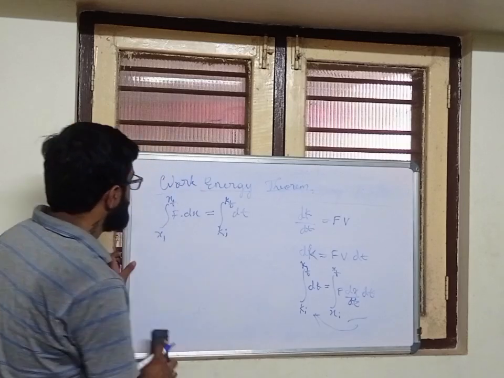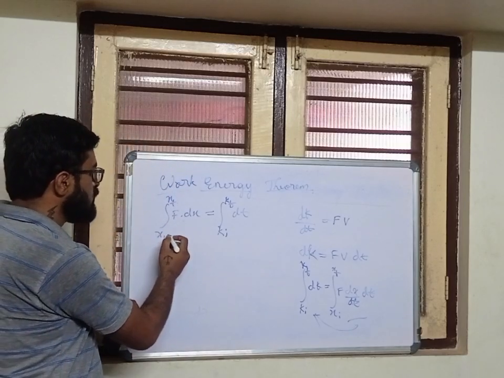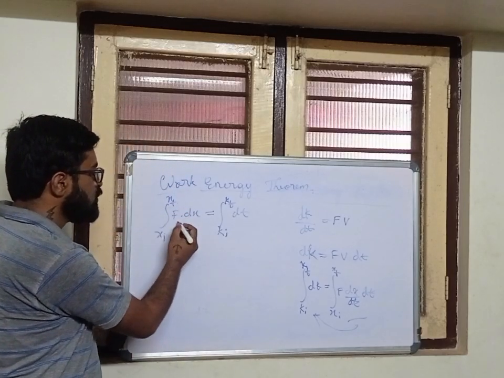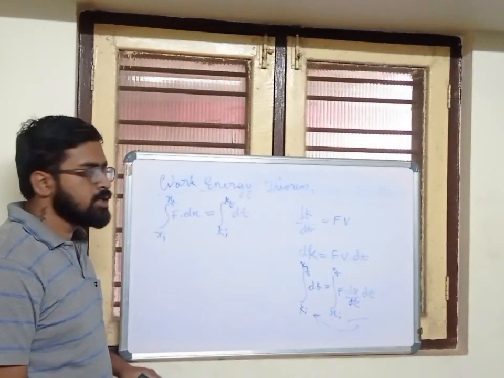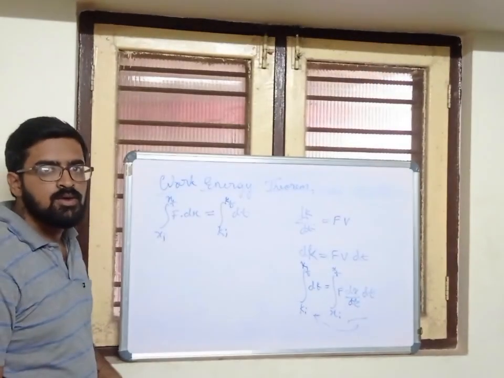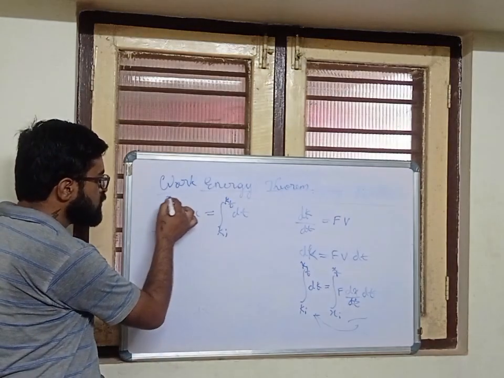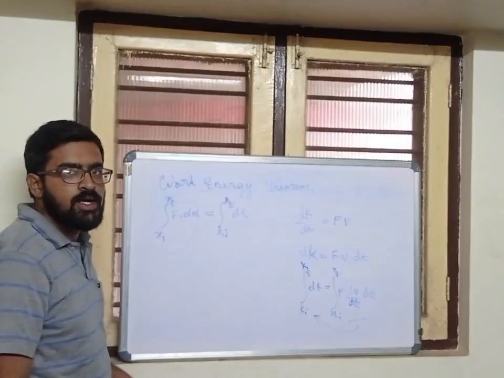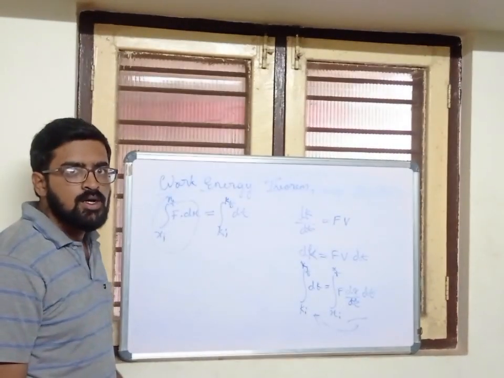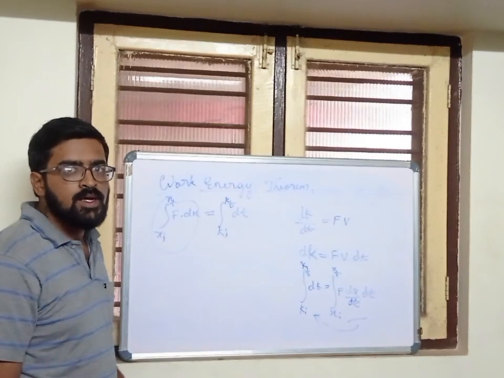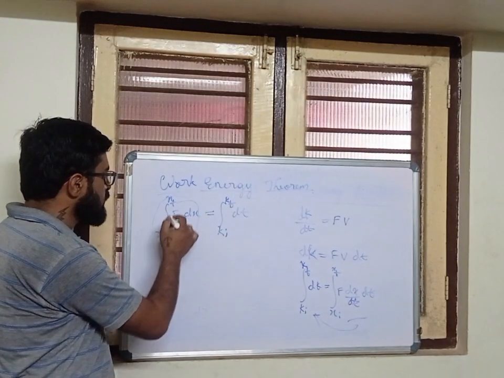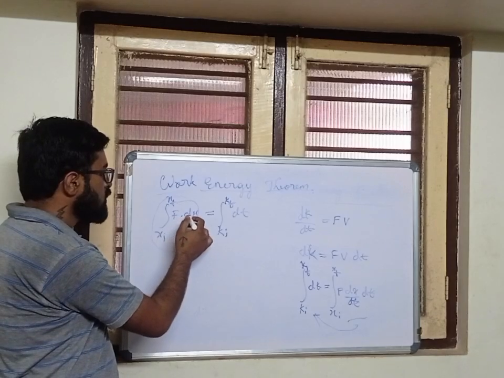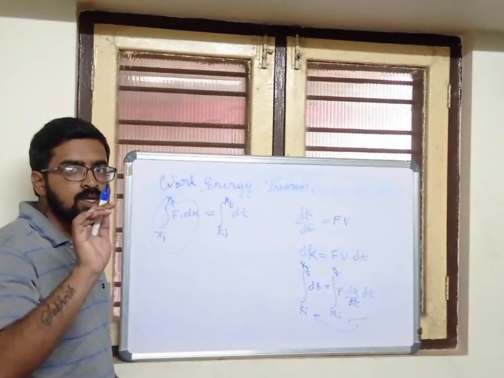So what is the integration from xi to xf of force dot dx? What is force into displacement? Work done. This gives you the total work done, right? We have seen in the earlier work done by variable force, the integration of xi to xf of F dot dx is nothing but total work done.